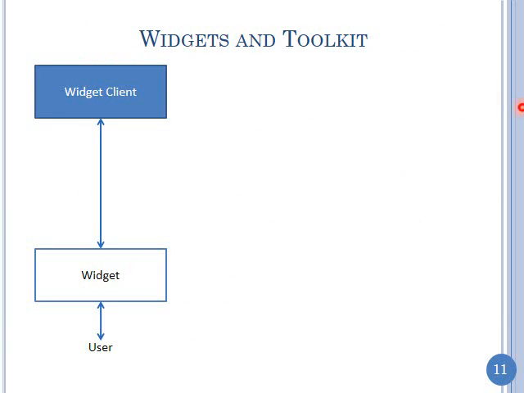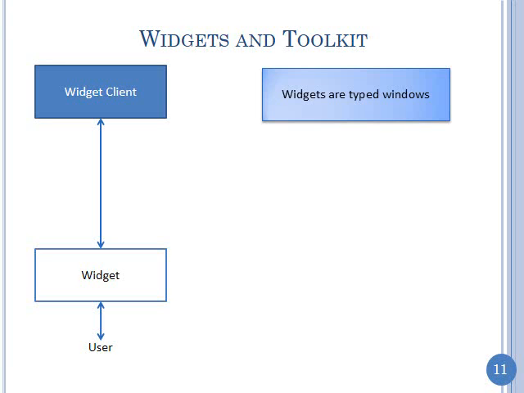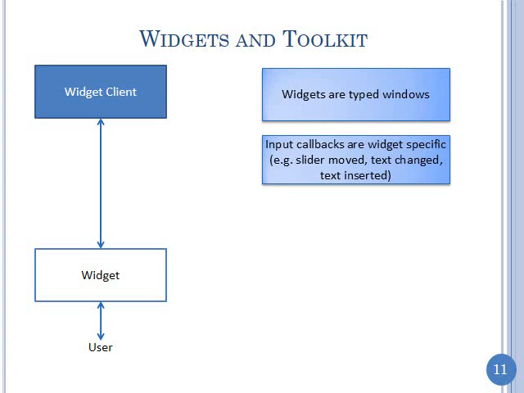This is now a picture about that. So a widget is built on top of a window. You have a widget and a widget client, and widgets are basically typed windows. They're also rectangular areas, but like I said, they're windows associated with some higher level behavior. Again, we have input callbacks, and what are they?